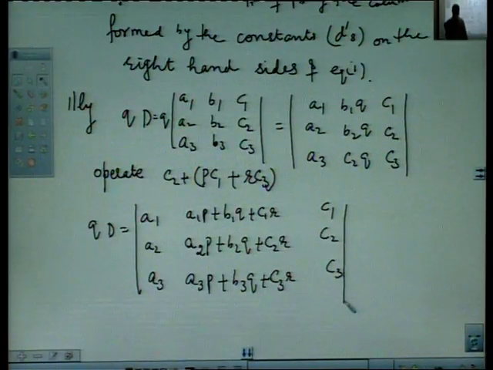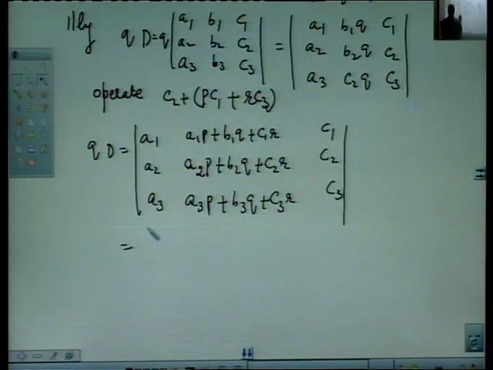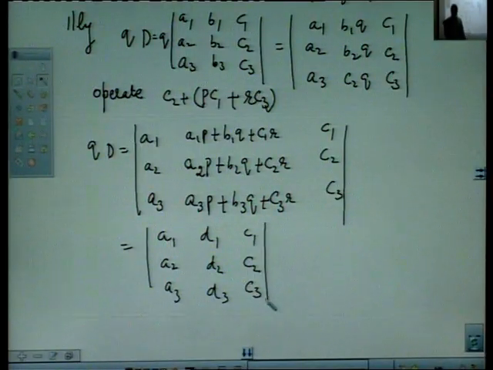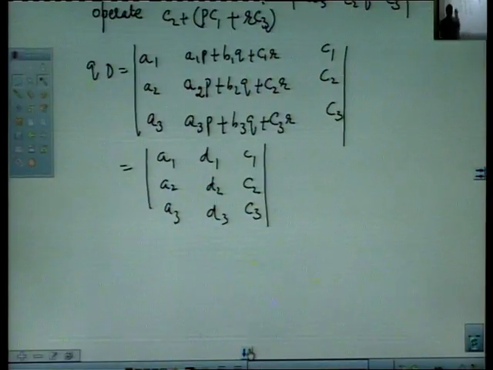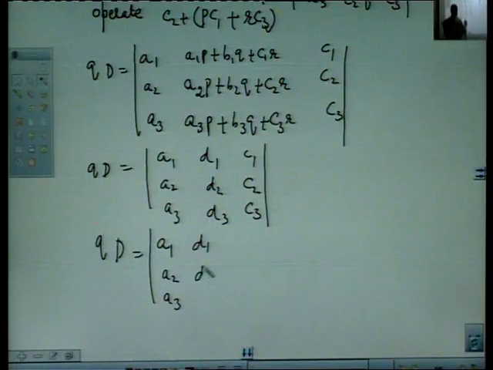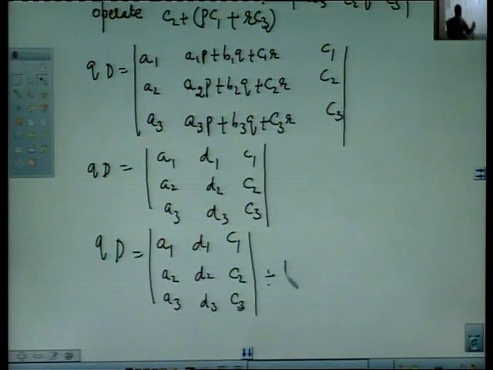It will be equal to A1, A2, A3, D1, D2, D3, C1, C2, C3. So Q is equal to this determinant divided by D.